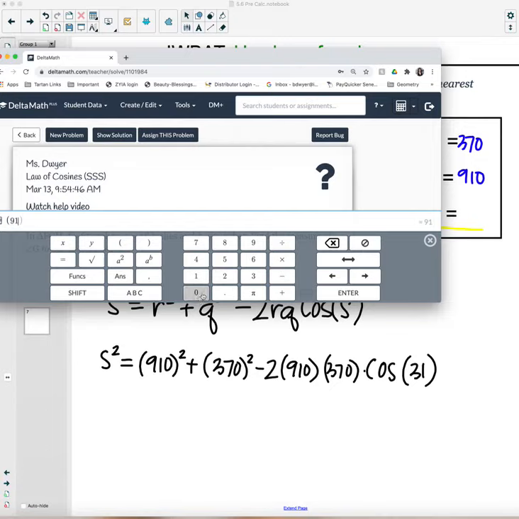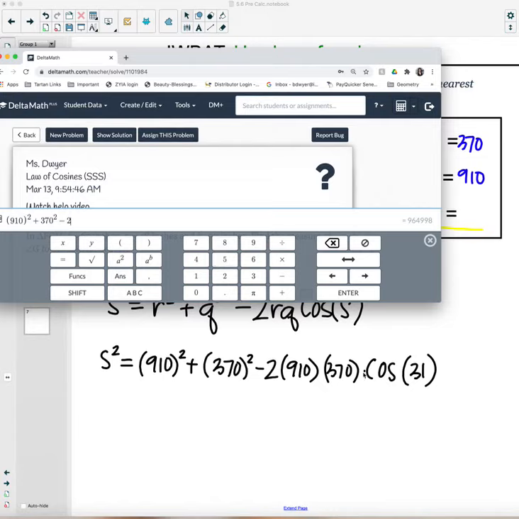So I'm going to do 910 squared plus 370 squared, and you don't have to have parentheses around that because there's nothing extra in there, but I'll do it both ways. And then minus 2. Again, you don't have to have these parentheses here.